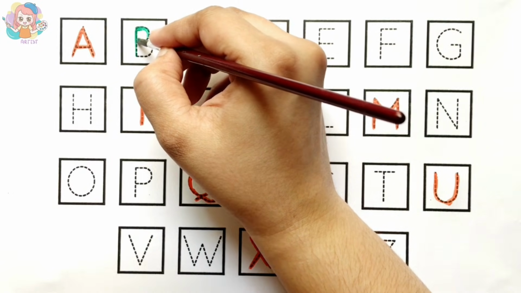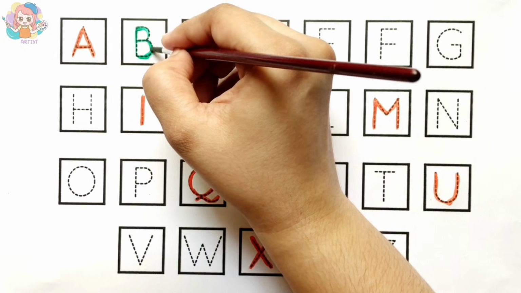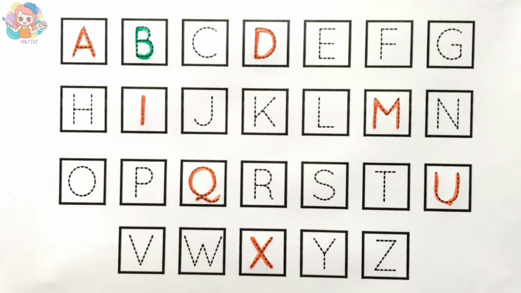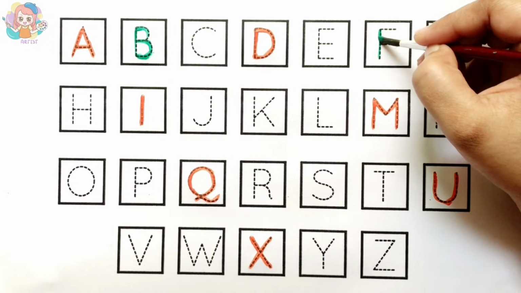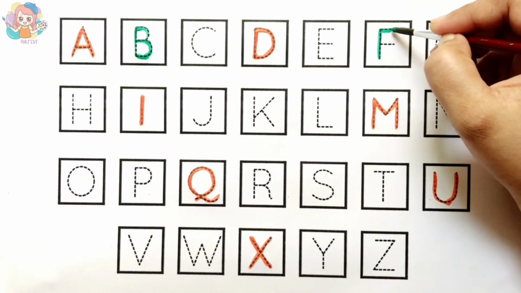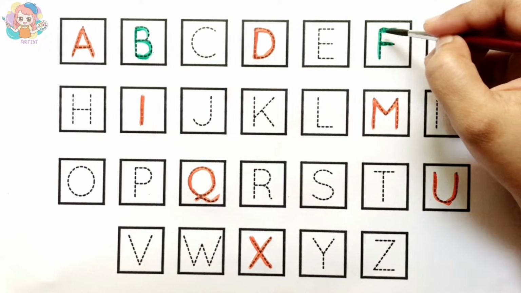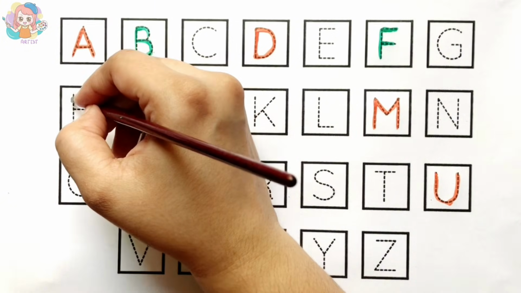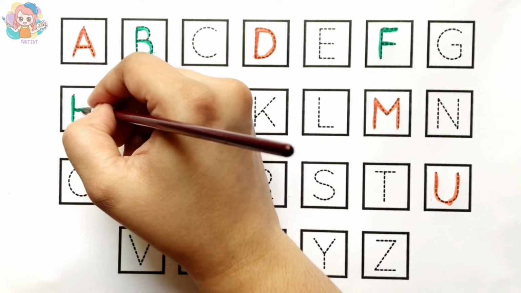Green color. B for banana. F for flower. H for hand.